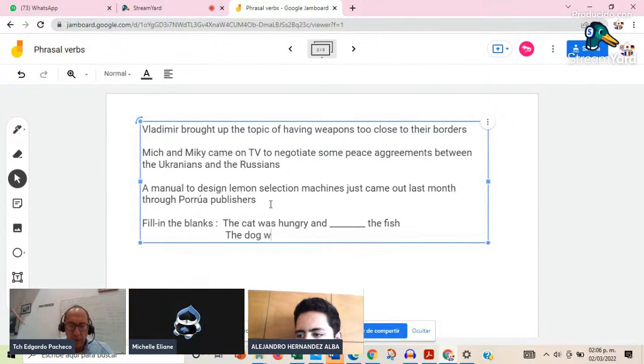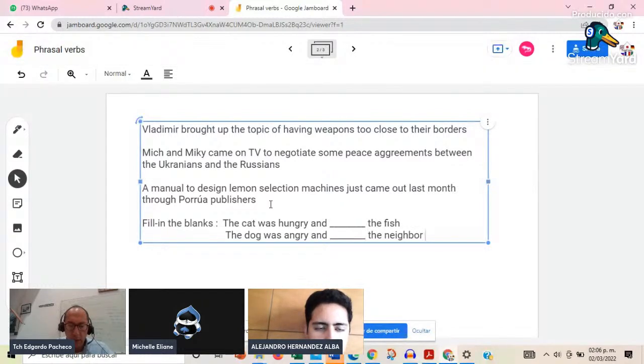The dog was angry and the neighbor in a lake. So we fill in the blanks. It's another activity that we have to do. We have to put the verbs.